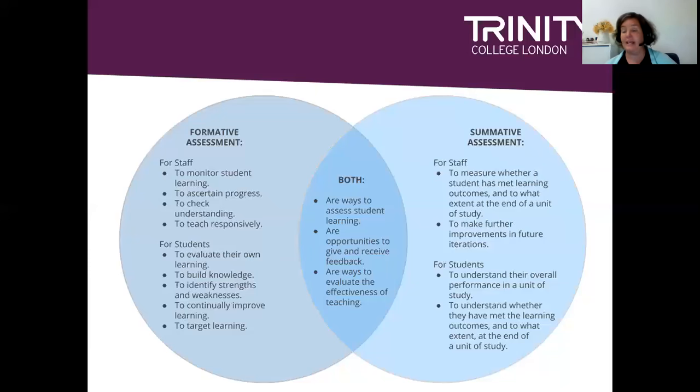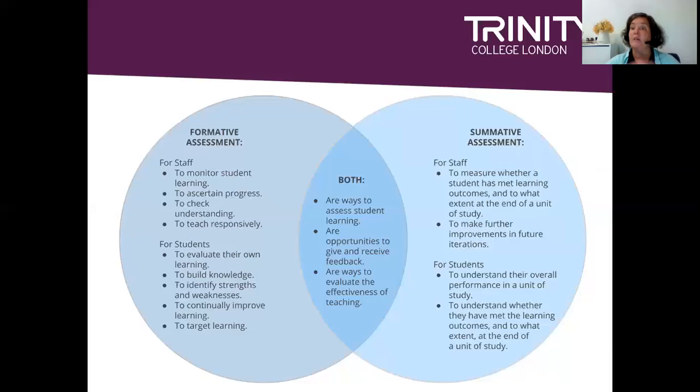Summative assessment, when it comes to educators, is to measure whether a student has met certain learning outcomes and to what extent at the end of a unit, okay, for example. So summative assessment is that assessment that we do at the end of a unit, or it might be at the end of a lesson, at the end of a sequence of lessons, okay?